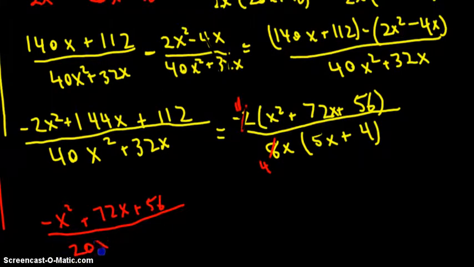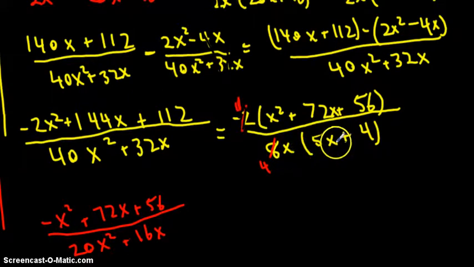20x squared plus 16x. So what are the excluded values? Well, they're again easiest to identify in factored form. So this expression is undefined when x is equal to 0 because of this term here.